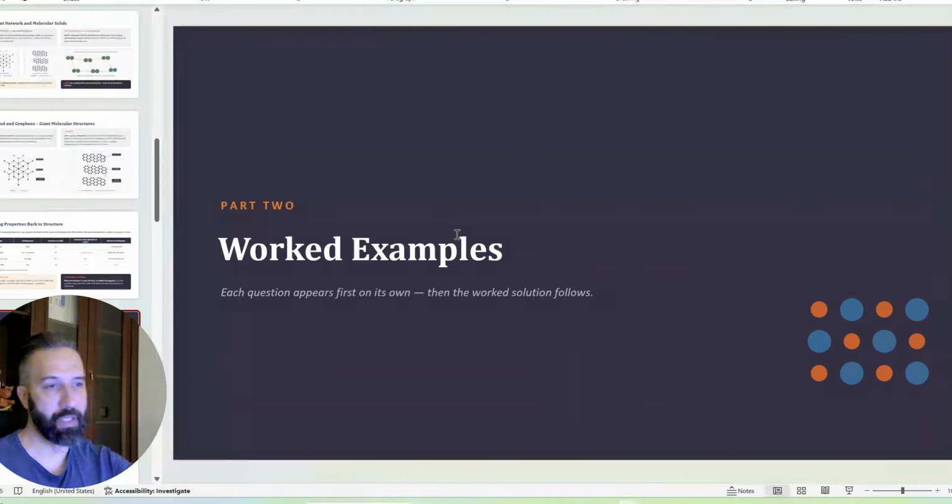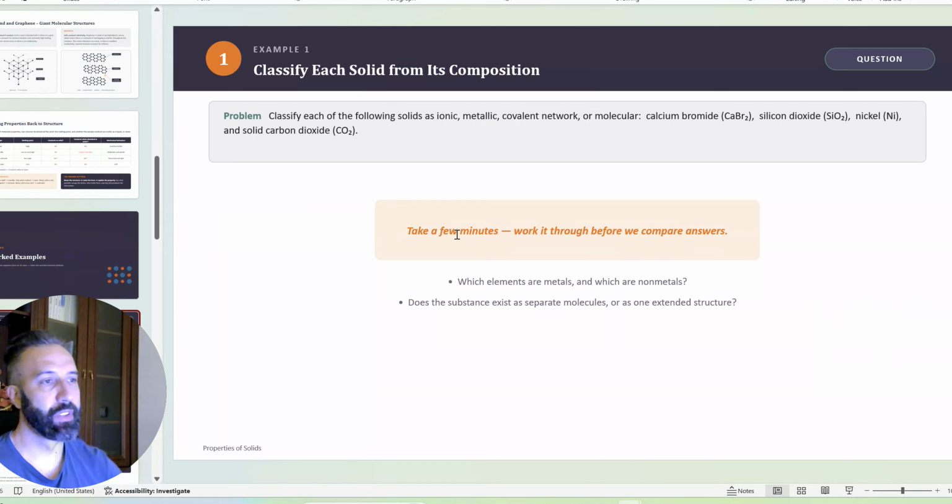Now let's look at some examples. Classify the following solids: CaBr2, SiO2, nickel, and CO2. Okay, so CaBr2: every time you see something from group 1 and 2 together with group 6 and 7, you should check your electronegativity table, and then you will see that the difference here is actually bigger than 1.8.